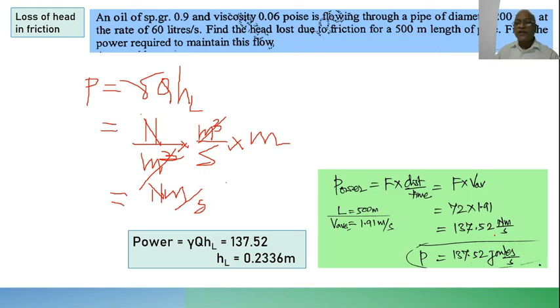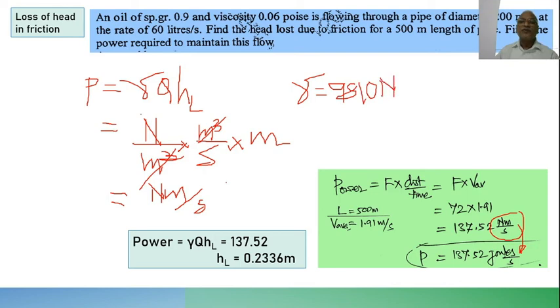So the same thing has happened here also, if you check. Now if you equate this 137.52 with gamma QH, because it is Newton meter per second, gamma has to be taken equal to not 9.81 but 9810 Newton per meter cube.